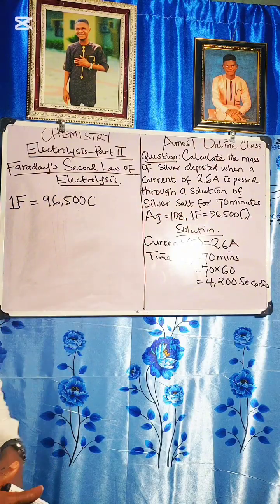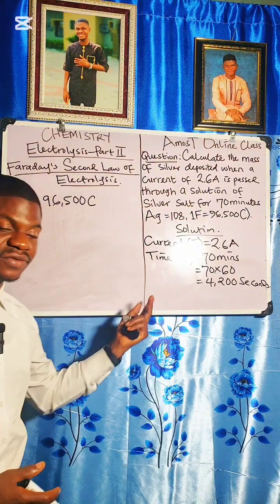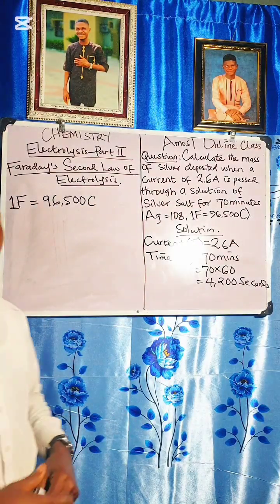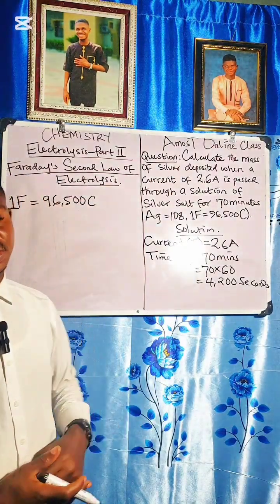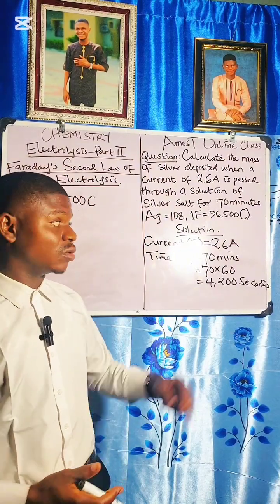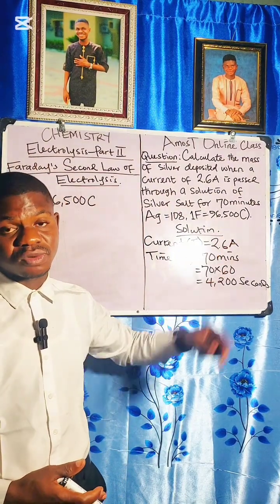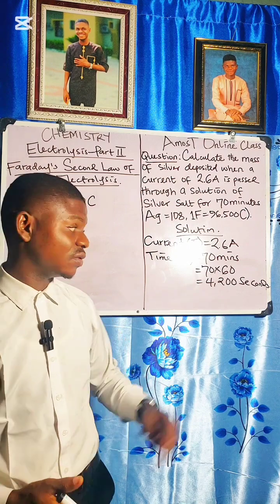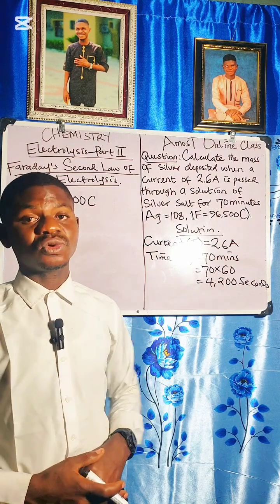Now the next thing we're going to do is to find the quantity of electricity. In our previous video, I established that the quantity of electricity Q is equal to current in ampere times time. We already have our value for current, which is 2.6 ampere, and the value for time, which is 4,200 seconds.